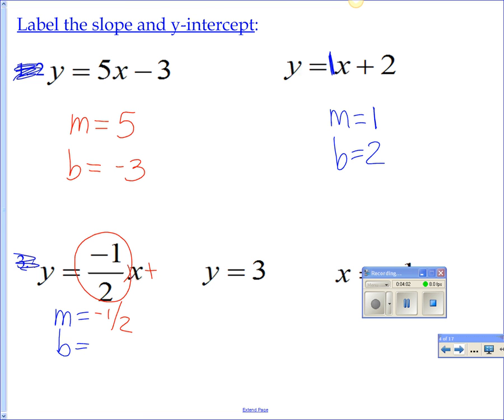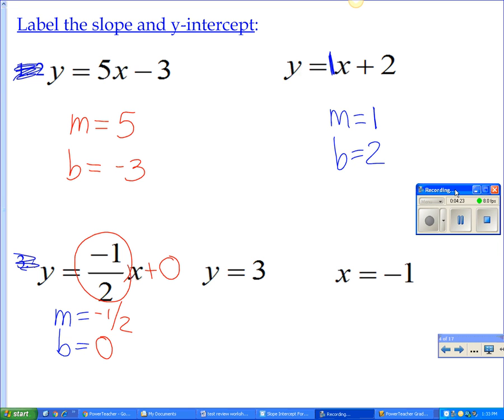What's missing? What could I put right here? A 0. So the y-intercept is 0. So m is -1/2 and b is 0. Okay? All right, we're skipping 4 and 5 for now. We're coming back to them. Please remind me at the end.